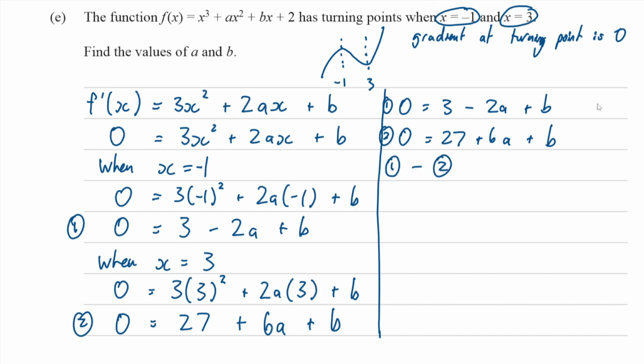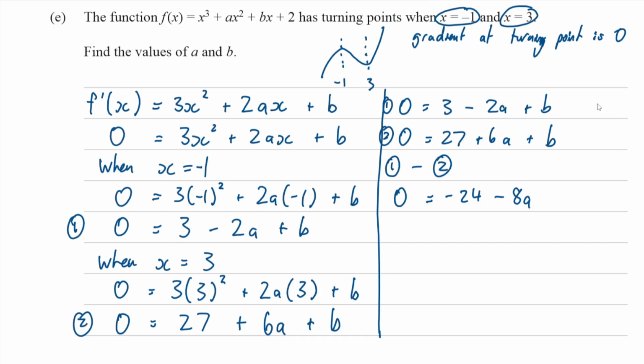So I'll subtract equation 2 from equation 1. Let's just read it down in columns because it's organized that way already. So 0 minus 0 on the left gives 0. 3 minus 27 gives minus 24. Minus 2a minus 6a gives minus 8a. b minus b gives 0.